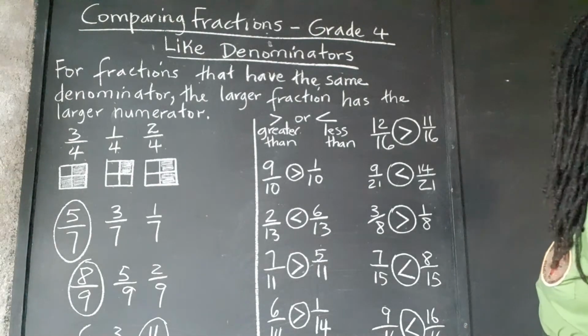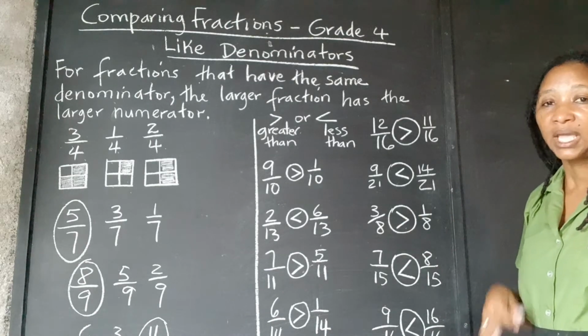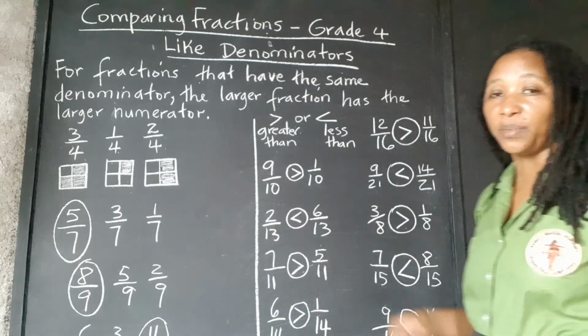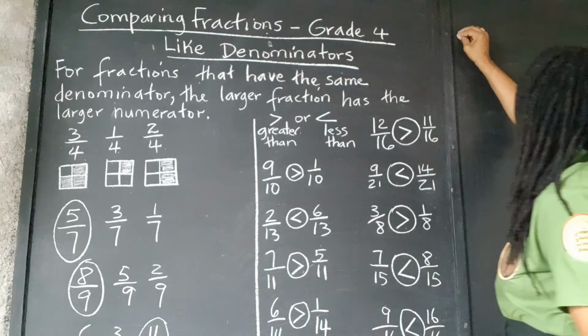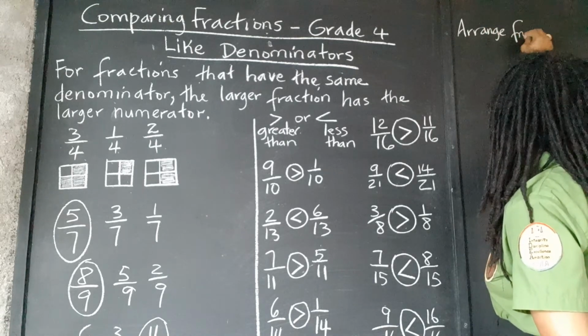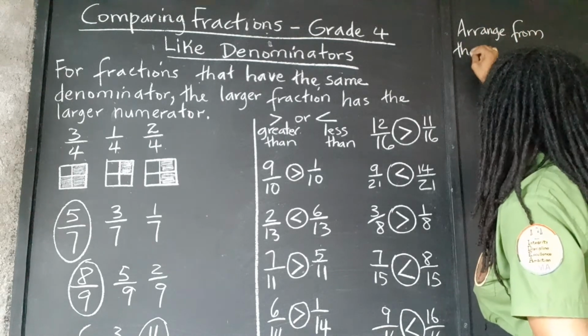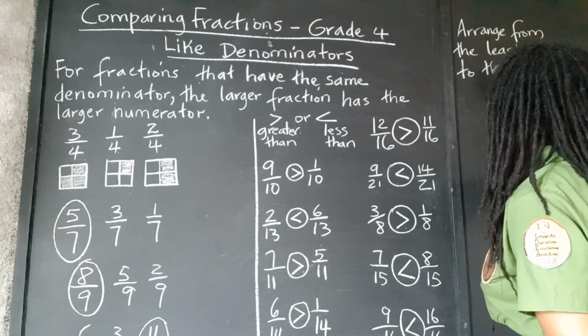Alright, let me put a set of fractions here and we're going to arrange them in order from the least to the biggest. So it says arrange from the least to the biggest.